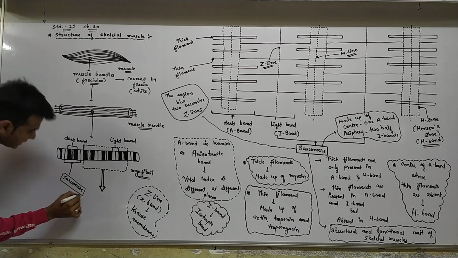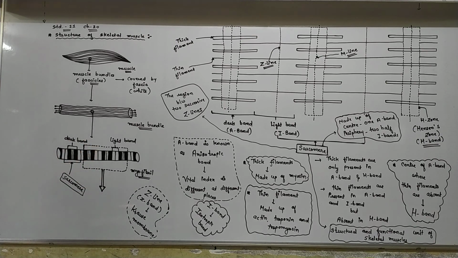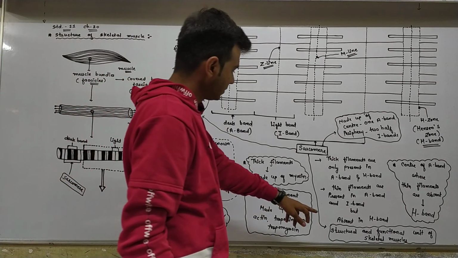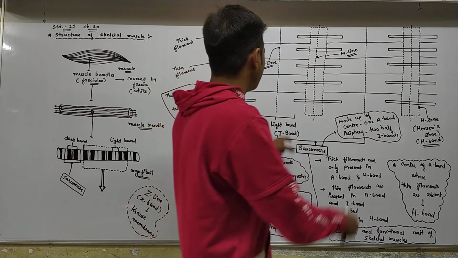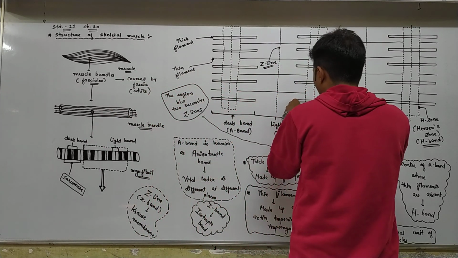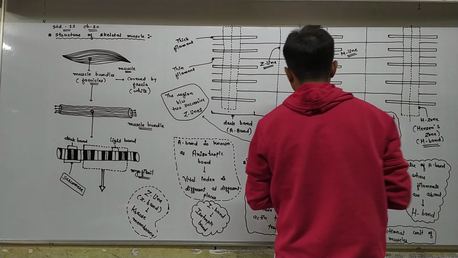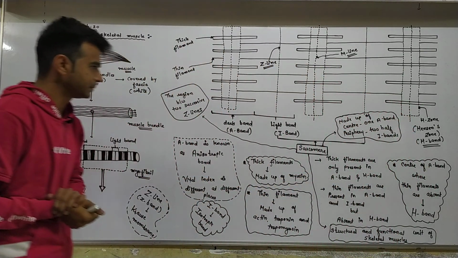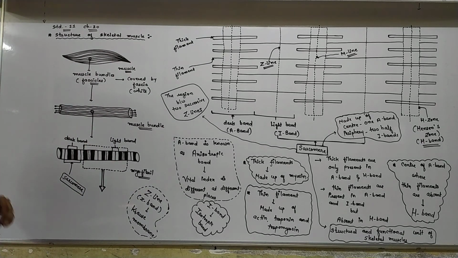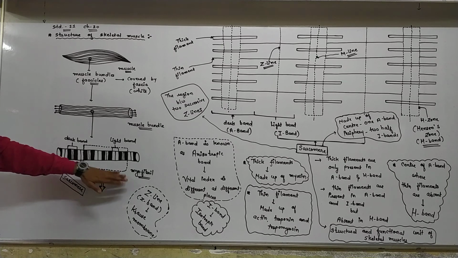So sarcomere is the structural and functional unit of the skeletal muscle, and sarcomere is made up of the centermost whole A band and laterally two half I bands, and in this way the sarcomeres join together and form the myofibril.